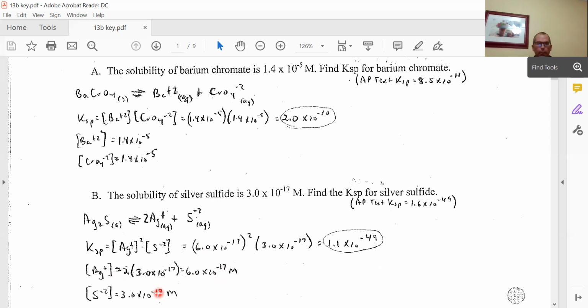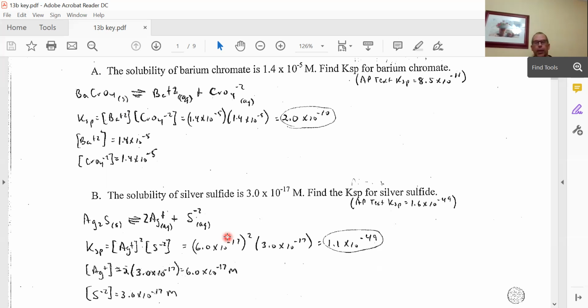Now notice when I plug it back into the KSP expression, the one that I doubled because I have twice as much also gets squared. So you have to double it because you have twice the concentration, and then you have to square it because that's how KSP expressions work. That's what we find true for the law of equilibrium constants.